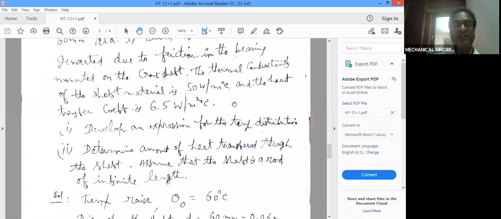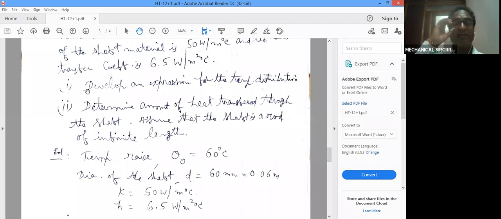So for this long fin, first, develop an expression for the temperature distribution equation, and second, determine the amount of heat transfer through the shaft.